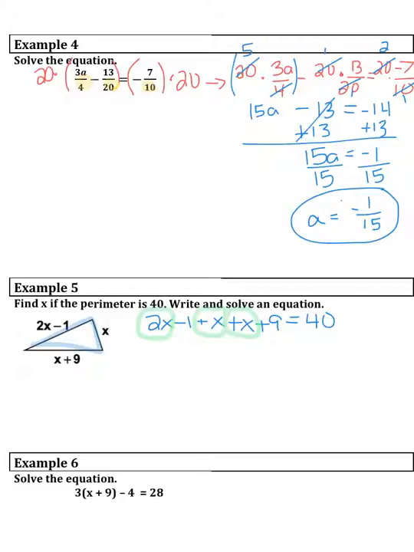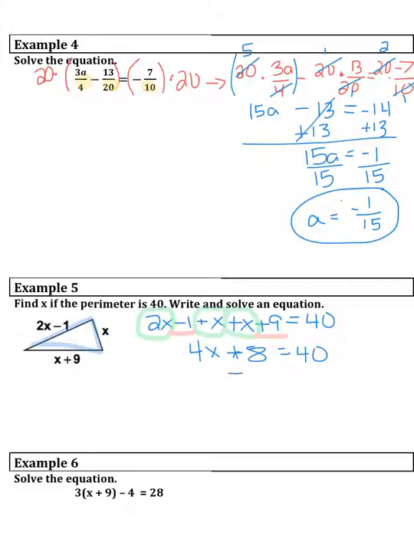2x plus x is really just a 4x. Then combine your like terms that are numbers. We have a minus 1 and a plus 9. Always include the sign that is in front of it. That's part of the term. So minus 1 plus 9 is really just a plus 8, and that equals 40.